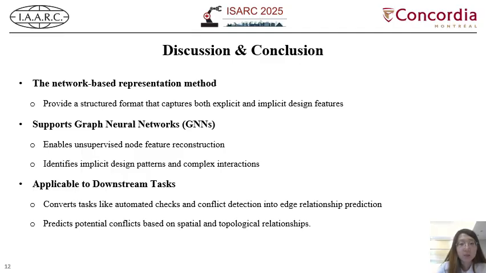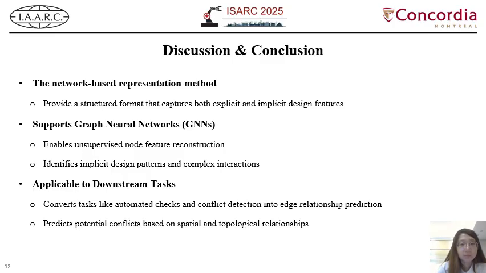Even when these relationships are not explicitly labeled, this capability is particularly beneficial for tasks such as design optimization, automated checking, and conflict detection. Specifically, our approach enables downstream applications by transforming tasks like automated checking and conflict detection into edge relationship predictions, identifying potential issues based on relationships between components.